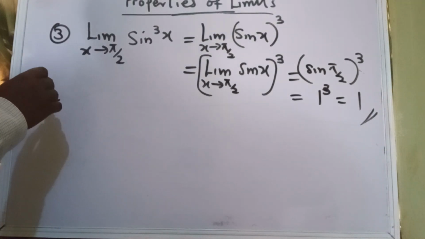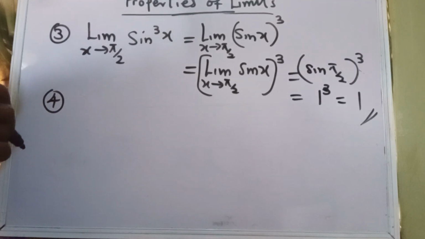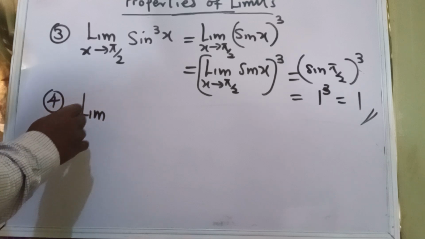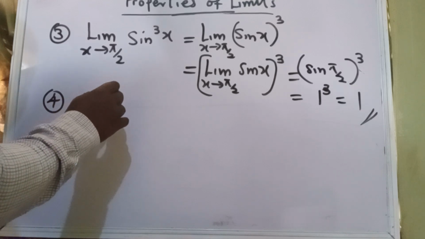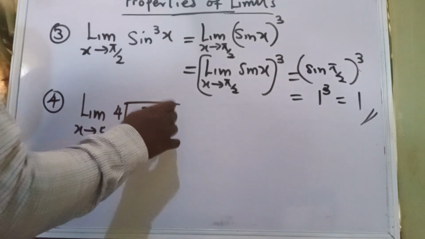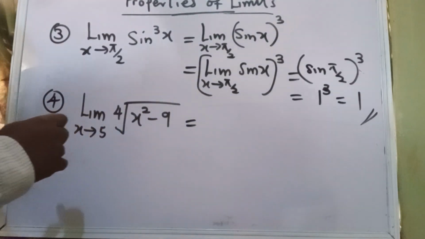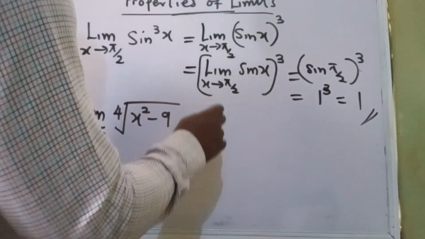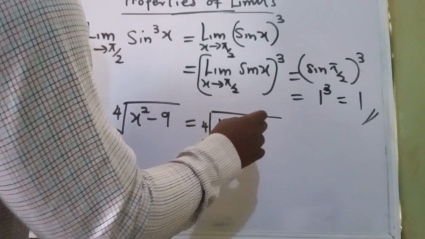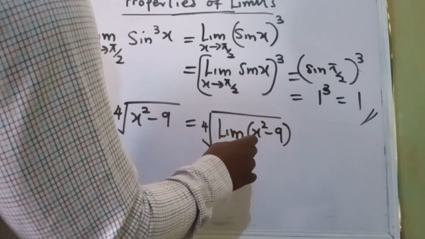Okay, let's look at example 4. This one is all about the property in item 8. It says if you have the limit of the fourth root of x squared minus 9, according to the property in 8, this means the fourth root of x squared minus 9 as x tends to 5.